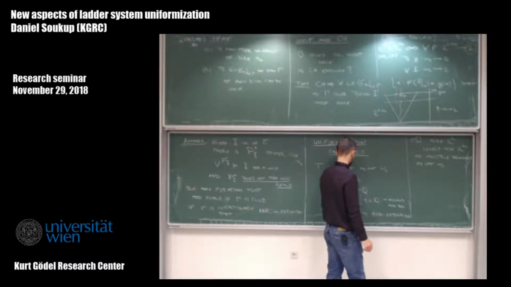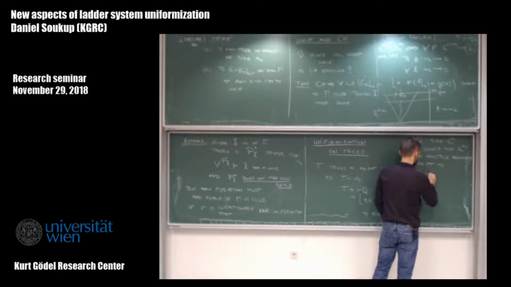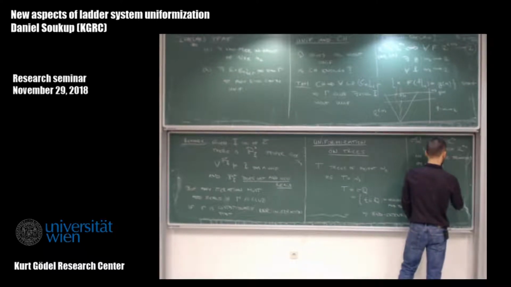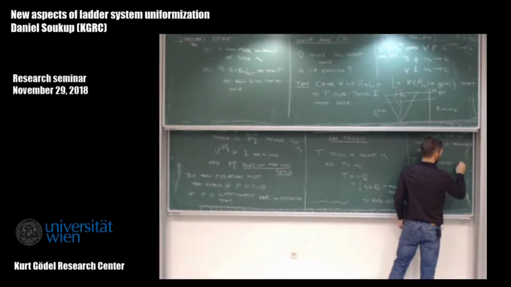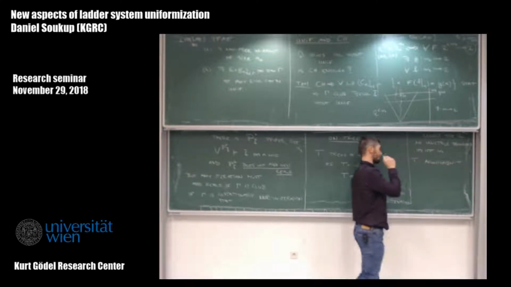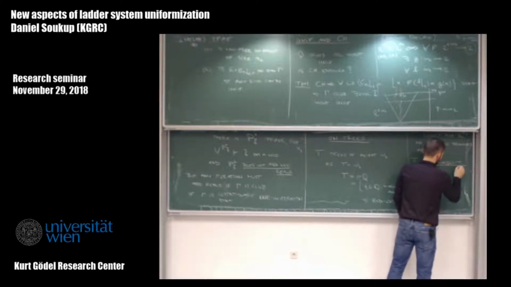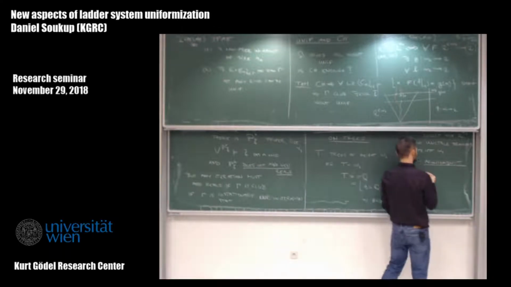OK, so apart from these, we're going to look at Aronszajn and Soukup trees. So what are Aronszajn trees? Well, Aronszajn trees are trees of height omega 1 which have countable levels and no uncountable branches.